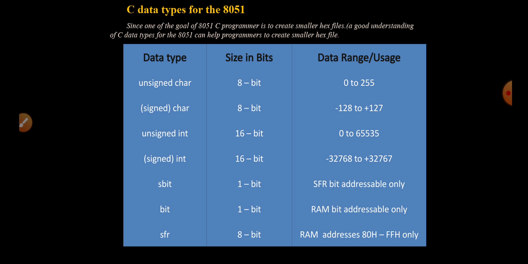For example, if you use it as char instead of unsigned, by default it will be considered as a signed character, and the values can be represented in the range from -128 to +127, right? Then we have the signed integer, unsigned int.